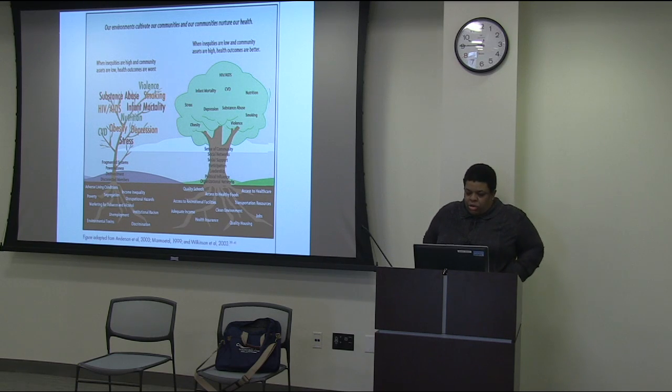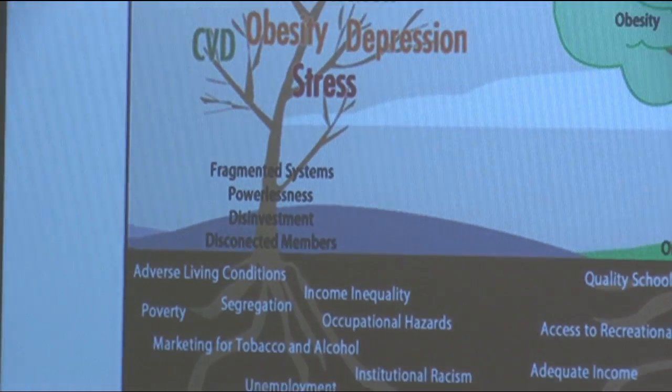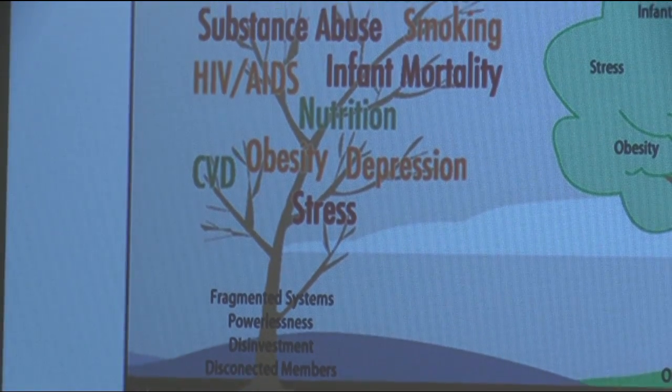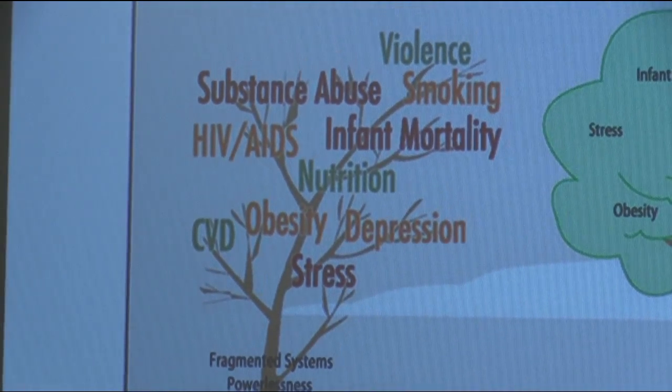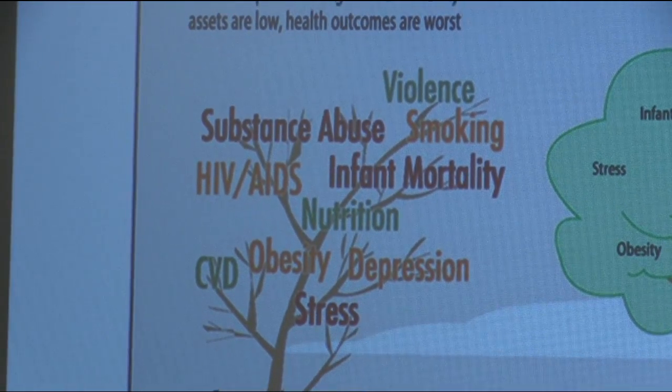And so, on one side we have a tree where inequities are present, community assets are low, and you see all these health outcomes starting to create problems.